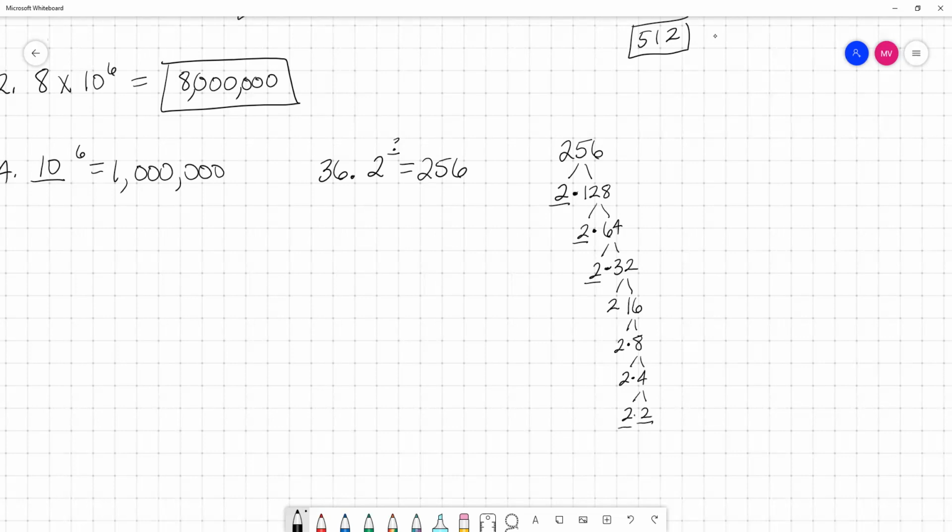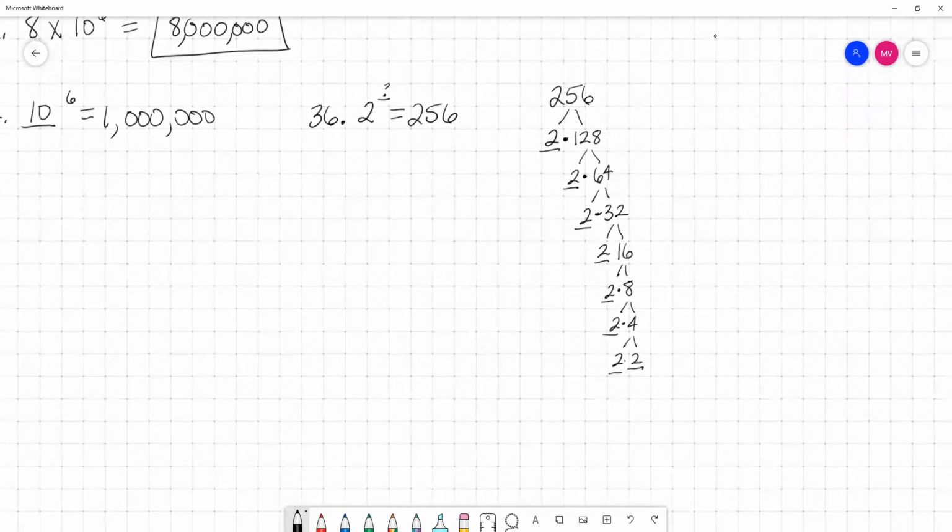So now we have all prime numbers. They just all happen to be 2. So your prime factorization here is 2 times 2 times 2 times 2 times 2. One more, right? I have 1, 2, 3, 4, 5, 6, 7, and 8.